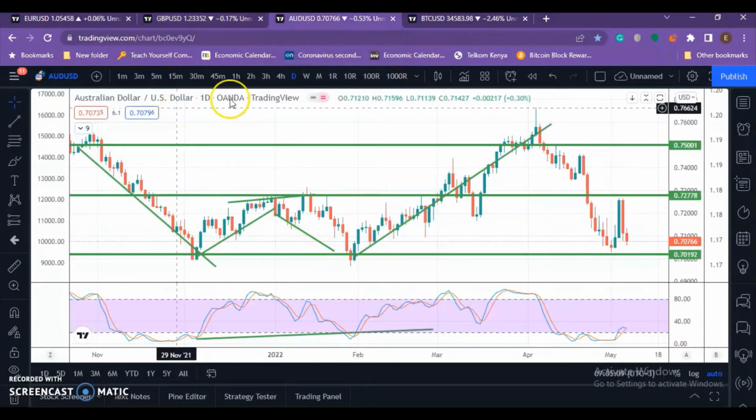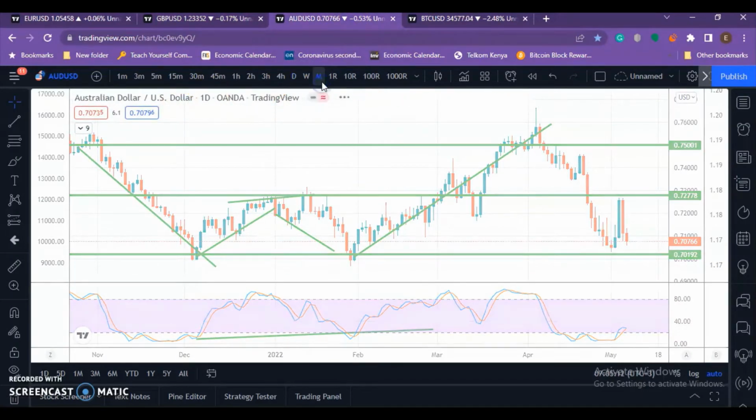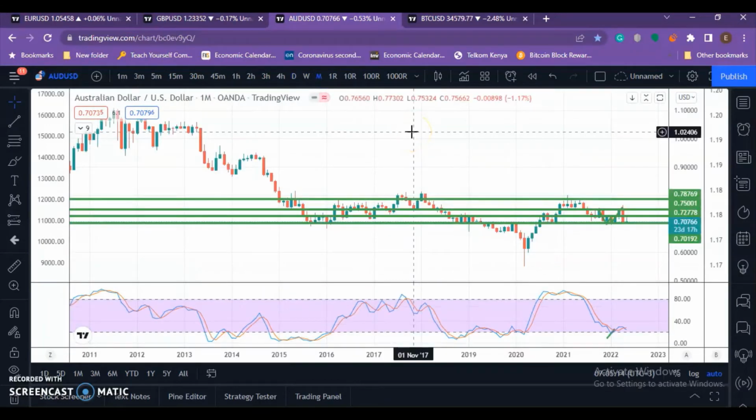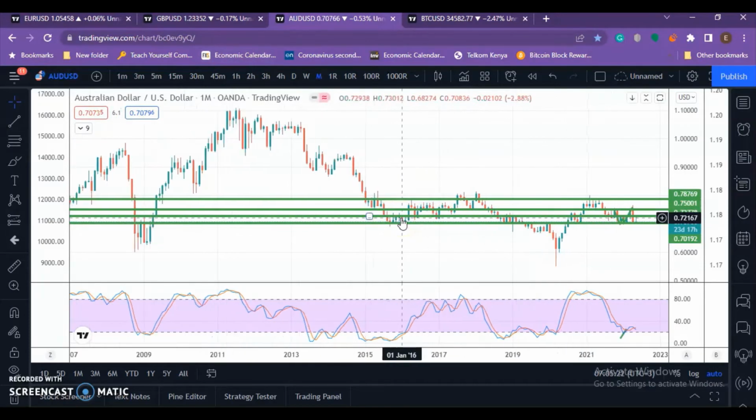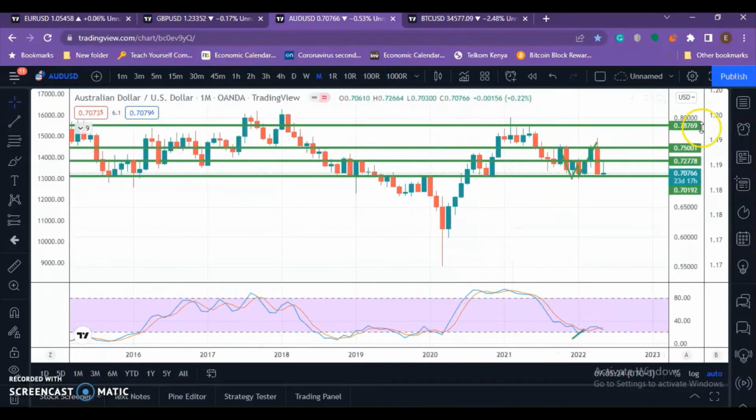Let's look at the Australian dollar versus the US dollar. This has been pretty volatile, very volatile. It's actually at our zone, this green zone right over here.